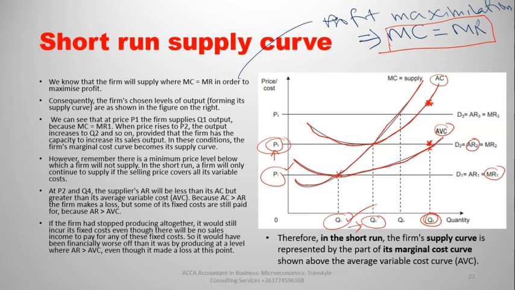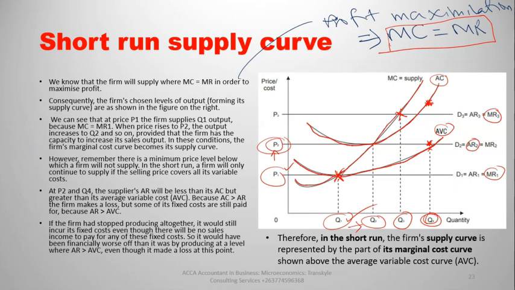So you can see initially it was at this point, okay? However, it has moved to Q3 because this is where the marginal cost is meeting the new marginal revenue.